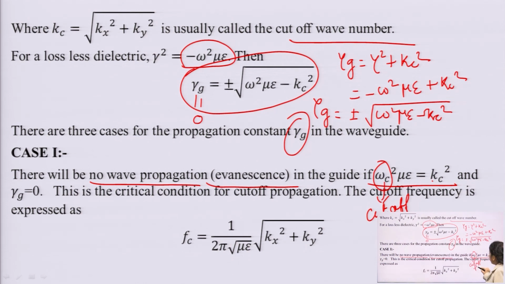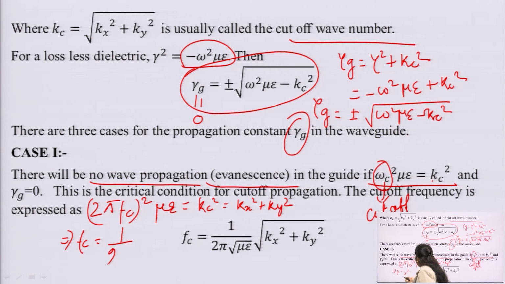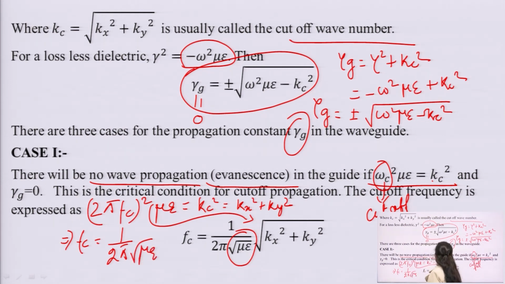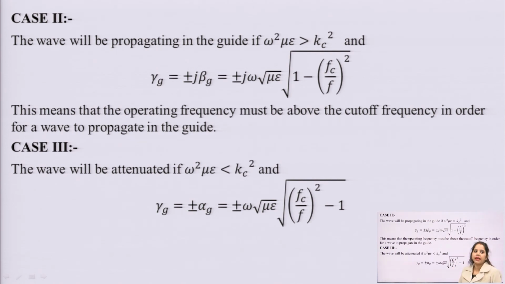So, taking it as (2 pi fc) squared mu epsilon equal to kc squared, which is equal to kx squared plus ky squared. Now, fc will be equal to 1 by 2 pi times 1 over the square root of mu epsilon, times the square root of kx squared plus ky squared. You have to remember this formula because it is very important and is used for calculating the cutoff frequency.